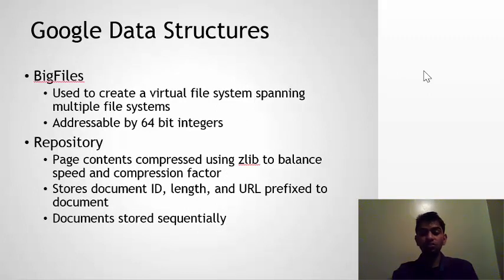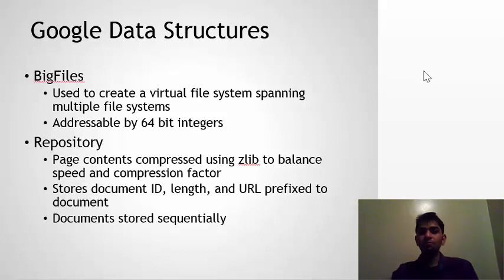Google uses data structures such as big files, repository, document index, and lexicon. Big files are usually addressable in 64-bit integers. They are used to create a virtual file system spanning multiple file systems. The repository stores page contents by compressing the documents and the web pages available there using zlib.